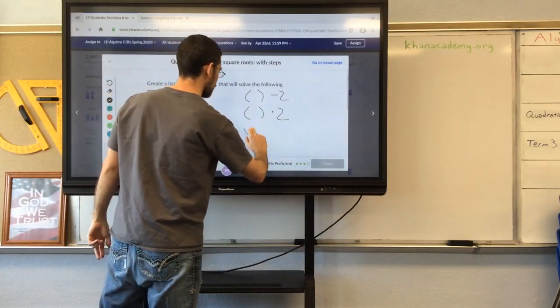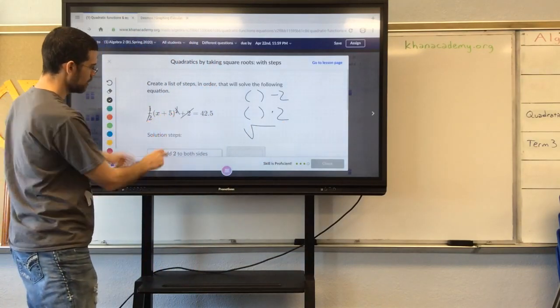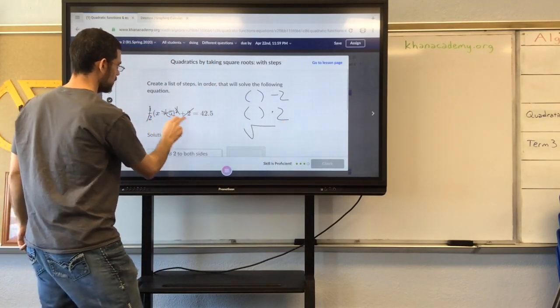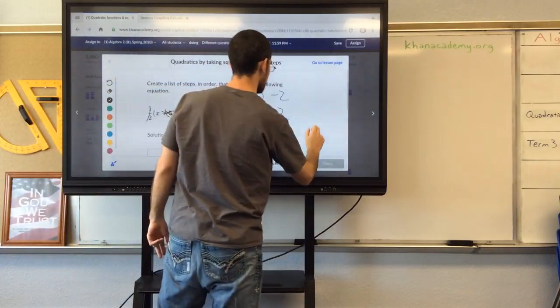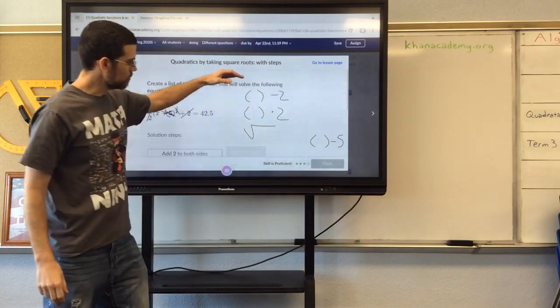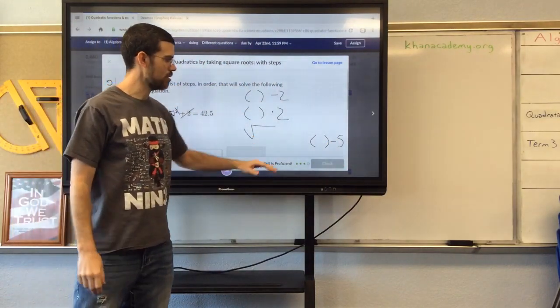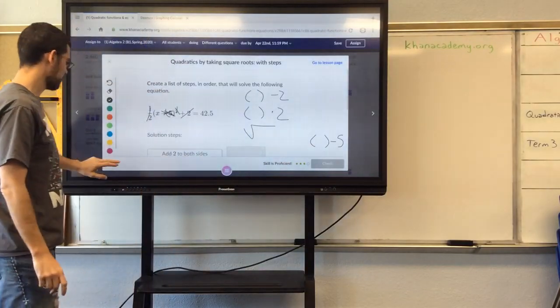We take the square root of both sides, and then we subtract 5 from both sides. So in order, we subtract 2, multiply by 2, take the square root, subtract 5.